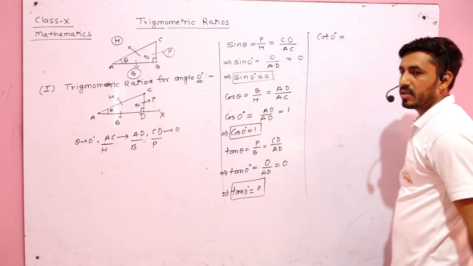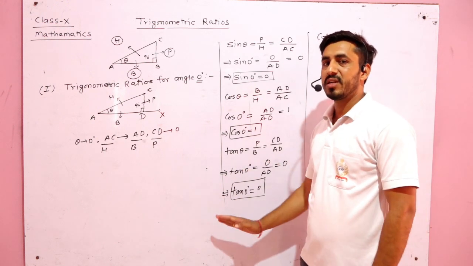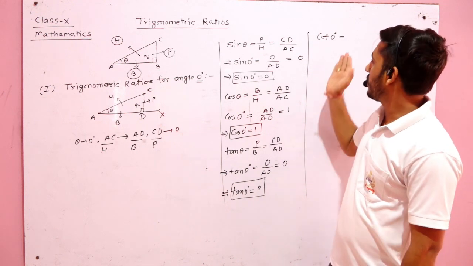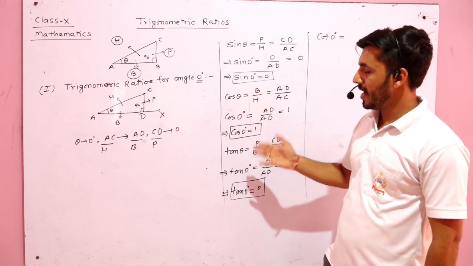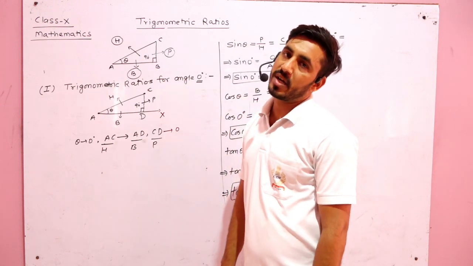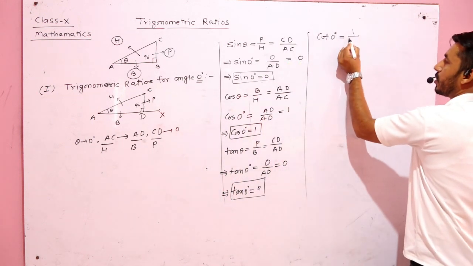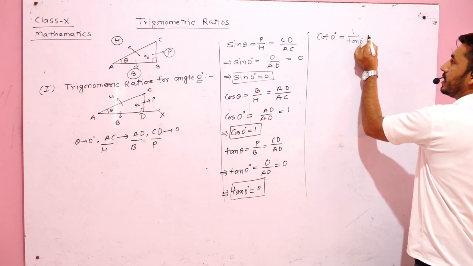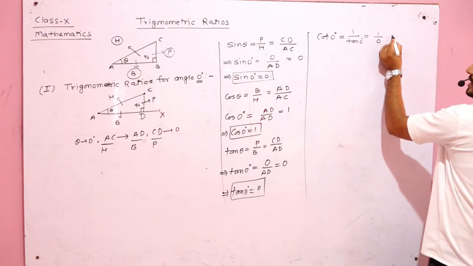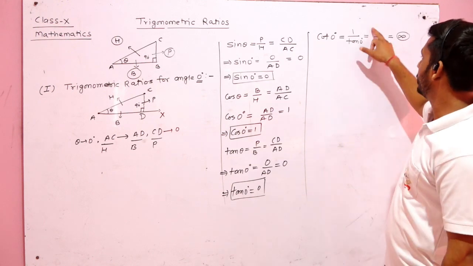As we have studied about the relation of tan theta and cot theta, we have to remember that cot theta is the opposite trigonometric ratio of tan theta. It means I can write cot 0 degree is equal to 1 upon tan 0 degree. Tan 0 is equal to 0, then the value will be infinite. You have to remember this one.